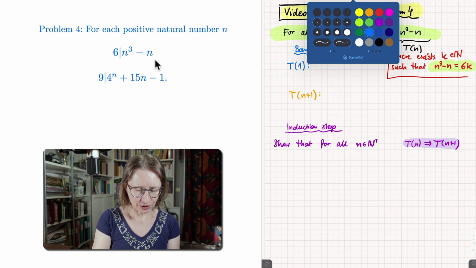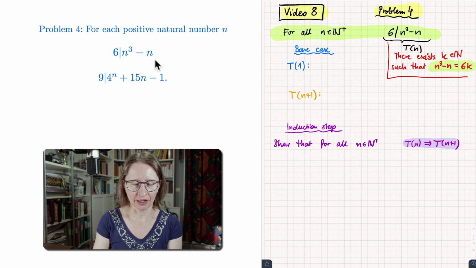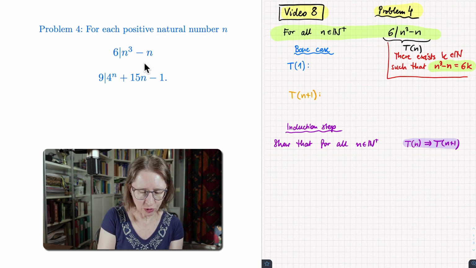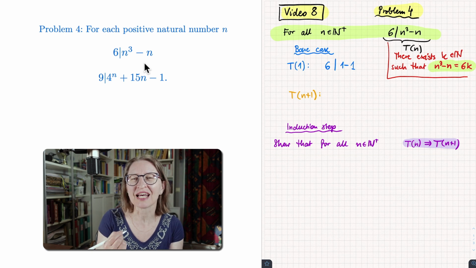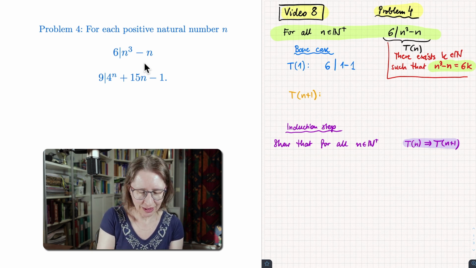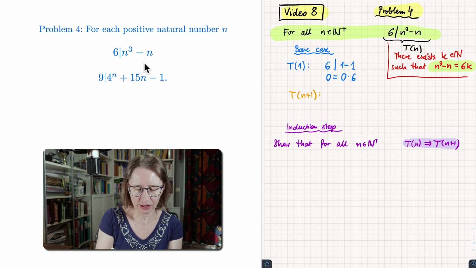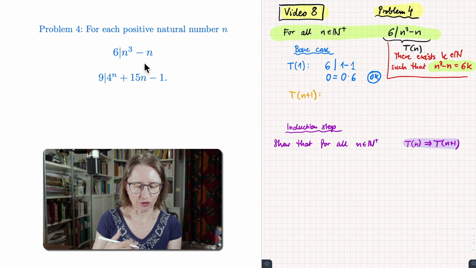Okay, but as usual we start by proving the base case. What is the base case? T of 1. How does it look? It looks like this. 6 divides 1 minus 1. It is obviously true because 0 is just equal to 0 times 6. So it is okay. The induction thesis for the base case n equal to 1 is true.